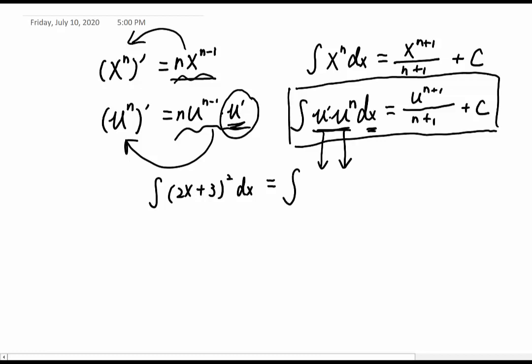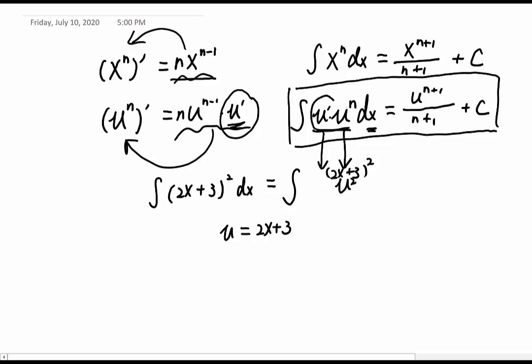The first thing I'm going to do is choose our u. So our u will be 2x plus 3, which gives us 2x plus 3 to the second power. That's our u squared.